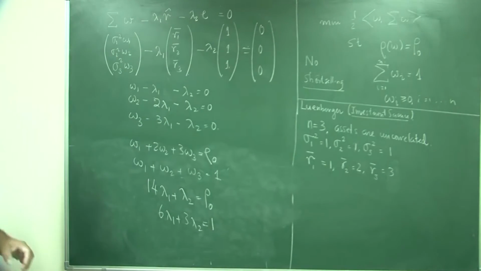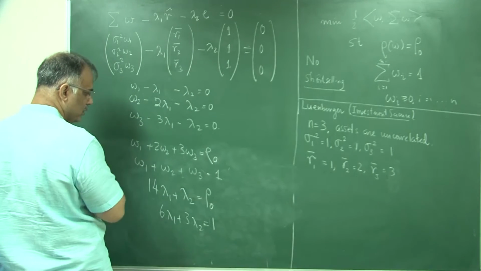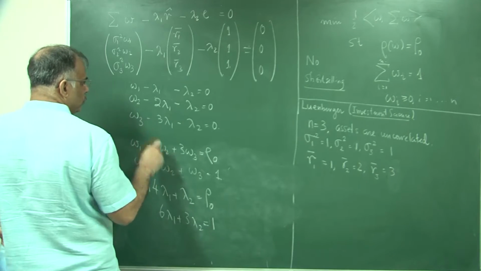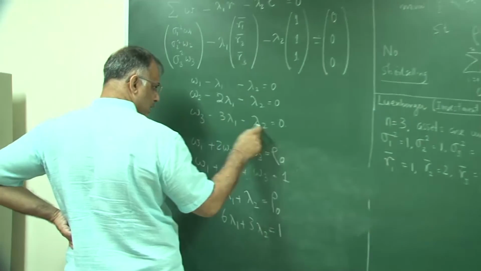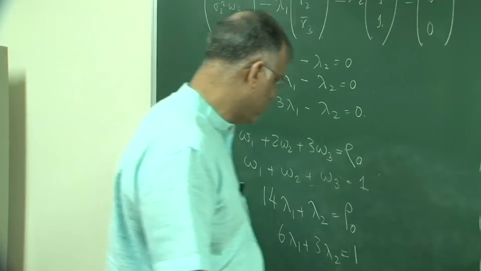So what are you doing? Your W1 is nothing but lambda 1 plus lambda 2. W2 is 2 lambda 1 plus lambda 2. W3 is 3 lambda 1. So just put it there and add and see. This is exactly what you will get.